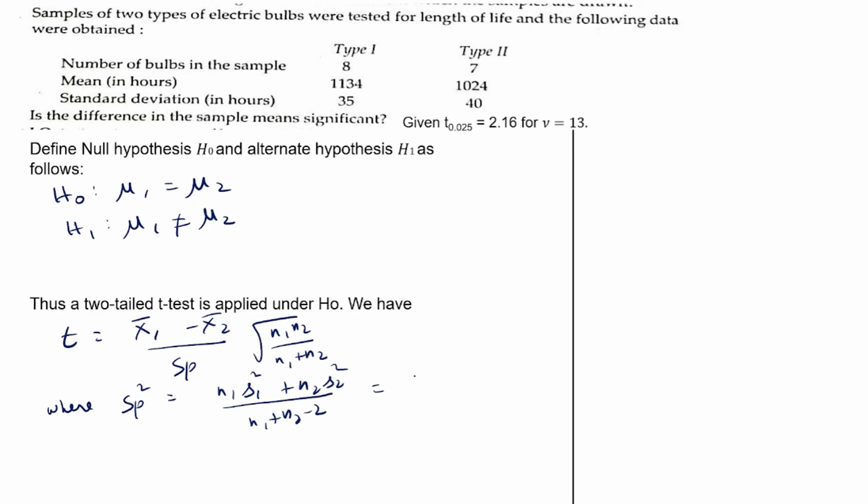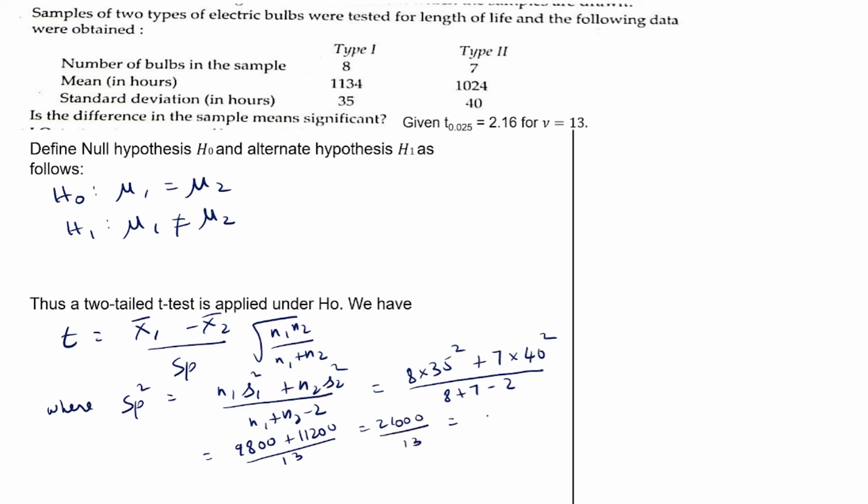Here n1 is 8, s1 is 35, so 8 into 35 square, plus n2 is 7 and s2 is 40, 7 into 40 square, upon 8 plus 7 minus 2. When we simplify, we get 9800 plus 11200 upon 13. So it is 21,000 by 13, or it is 1615.38.